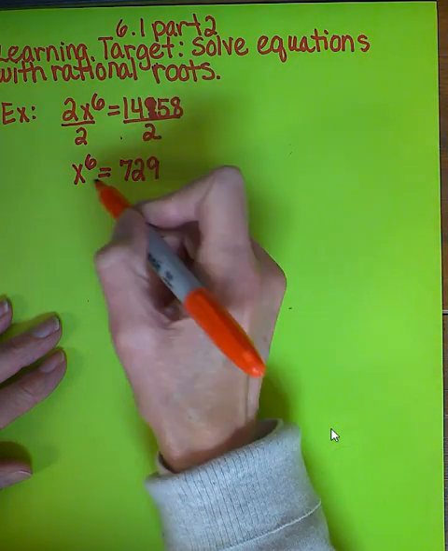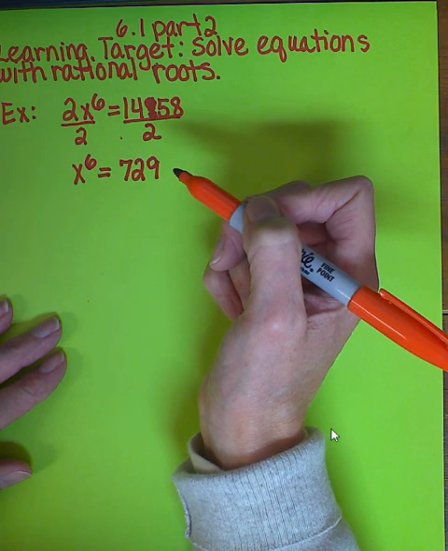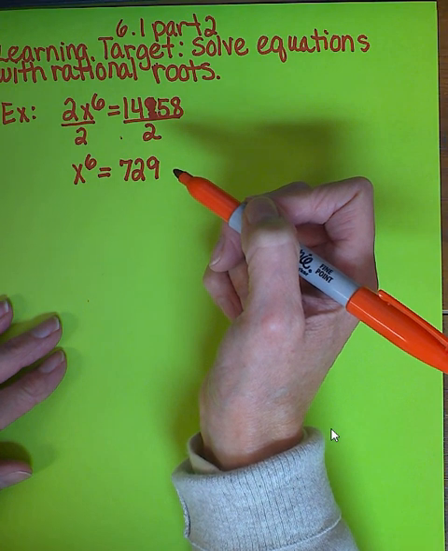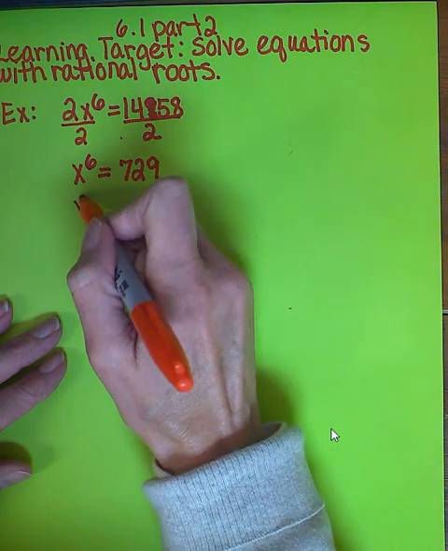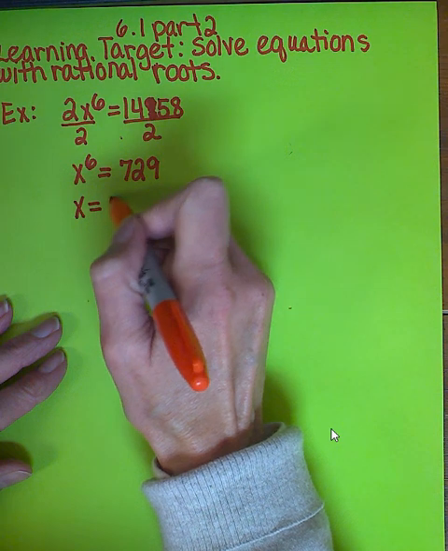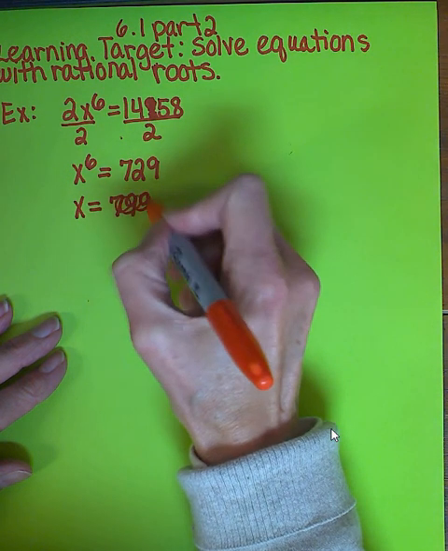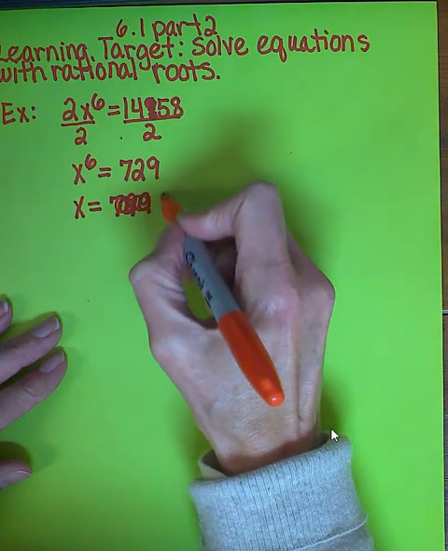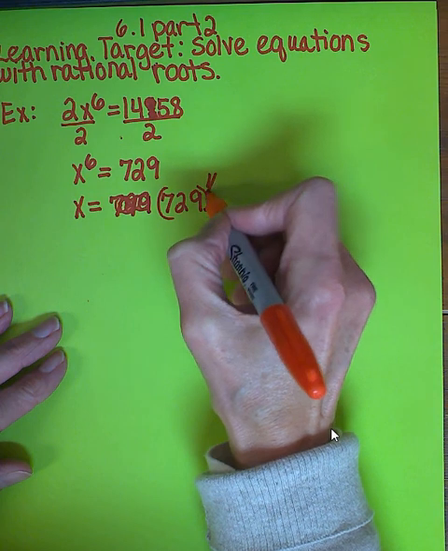Then to undo the 6th power, we're going to take the 6th root of both sides. And one way, remember, that you could write this is just 729 raised to the 1/6 power.